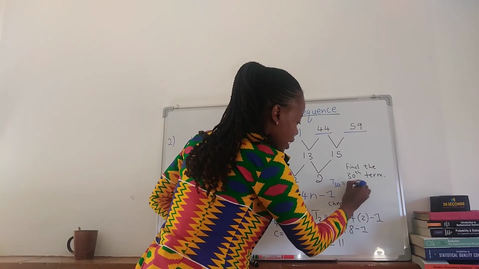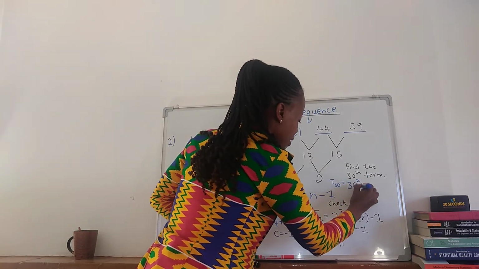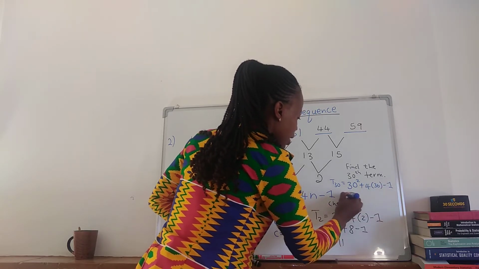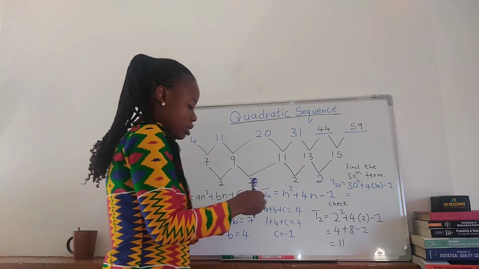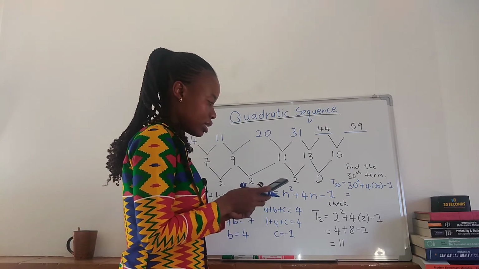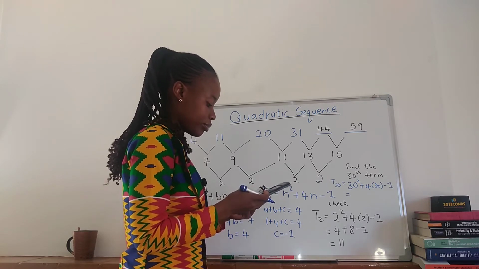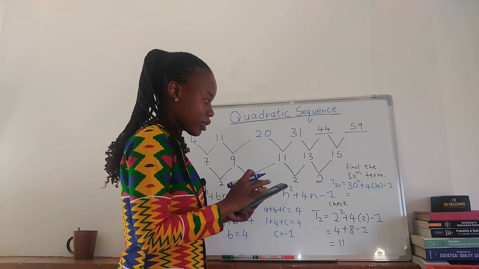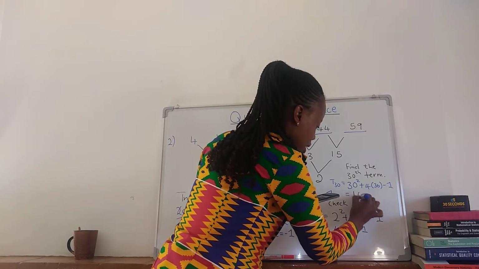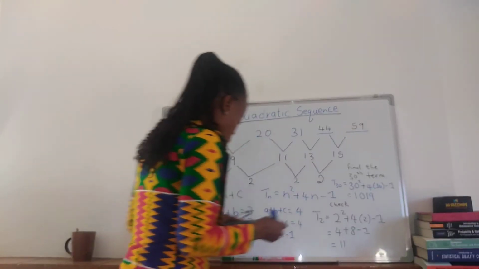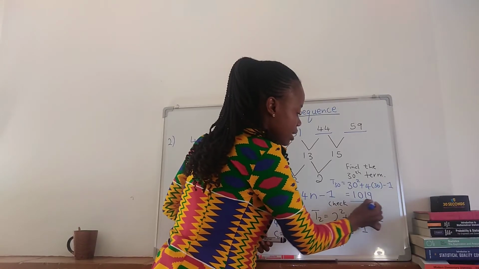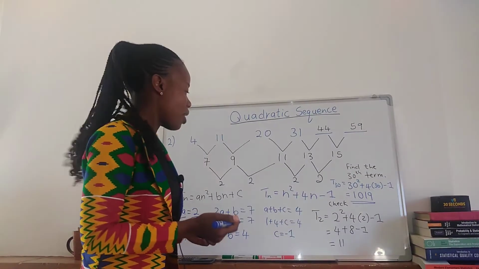Okay, so we're going to have 30 squared plus 4 times 30 minus 1, right? And then you punch that in your calculator to get your answer. So 30 squared plus 4 times 30 minus 1 equals 1019. So our 30th term for this sequence is 1019.